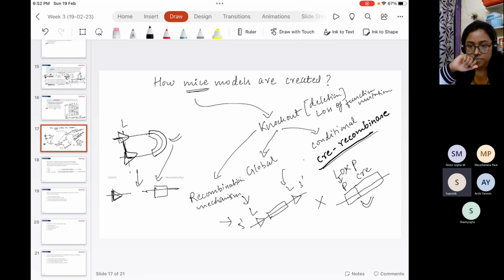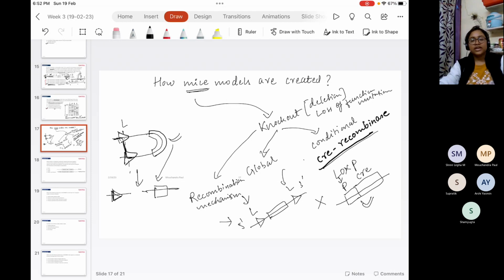Or can it be done in a single generation? In a single generation, using a single mouse, can it be done, or do we have to wait for one generation to see its effect?